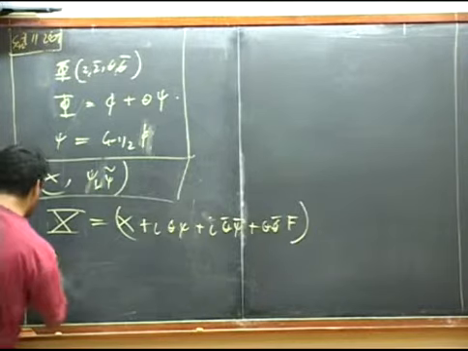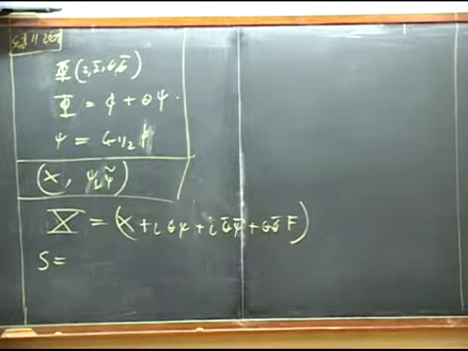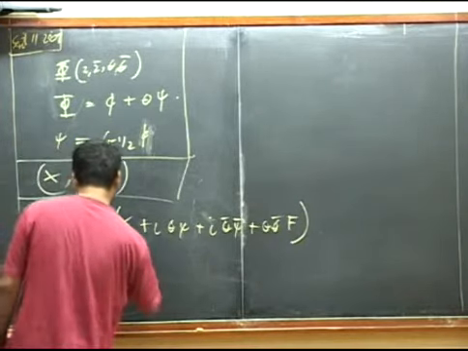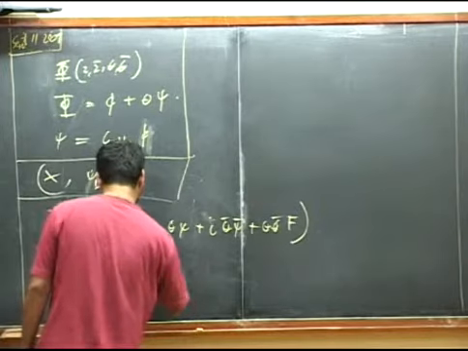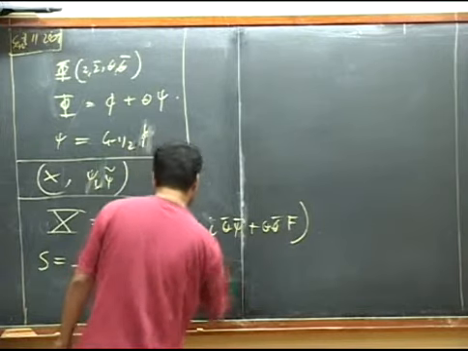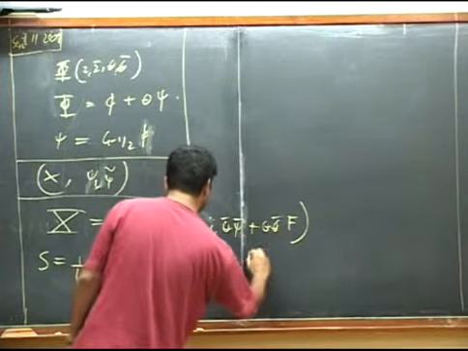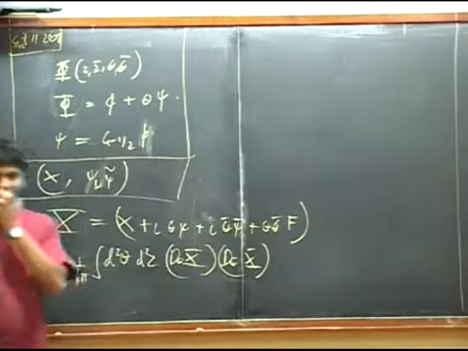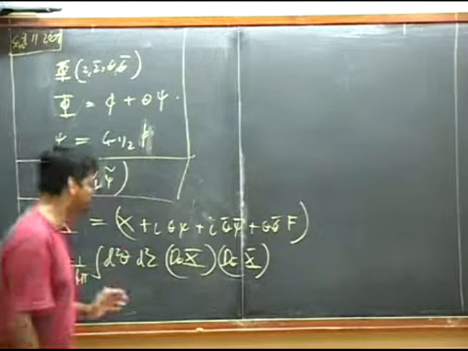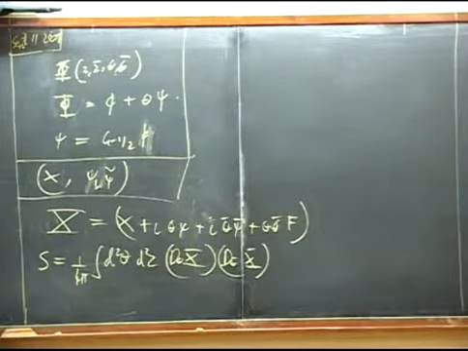To start with, the action can be written as 1 over 4 pi, integral d2z d2theta, D theta of capital X times D theta bar of capital X. Here I've set alpha prime equals 2, or equivalently I've rescaled the scalar field, just to simplify the formula.